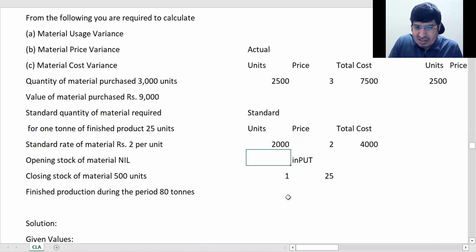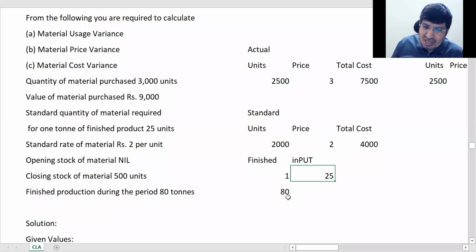Now I have been told that I got 80 tons here. So how much would this be? Sorry, this is 80. The 1 ton of finished goods will give you input 25, and if finished goods has been given as 80, then what is this? 80 into 25 upon 1. That gives you 2000.